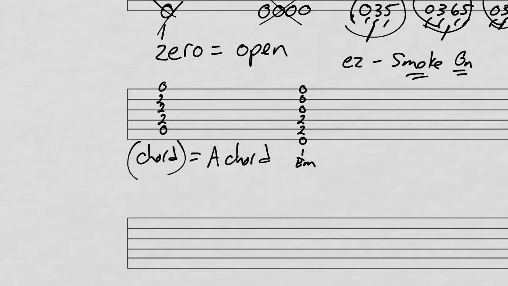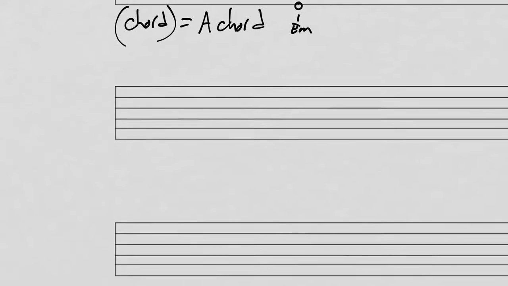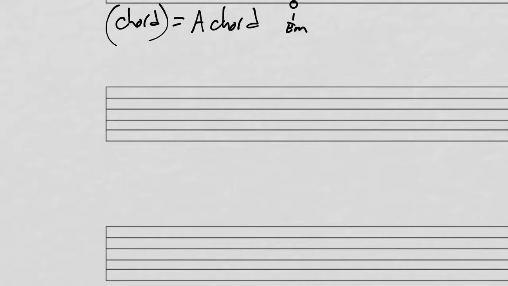Now, there are other little things that we use to explain different techniques that we sometimes use. Let me show you this. Let's say, for instance, you wanted to go from 3 to 5 on the 5th string, but you wanted to do what we call a hammer-on. Okay? Then what we would do is put this on there, and that means that you're going to hammer from 3 to 5.